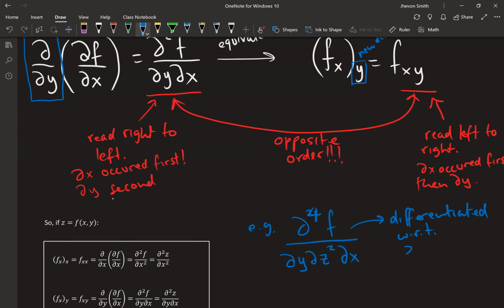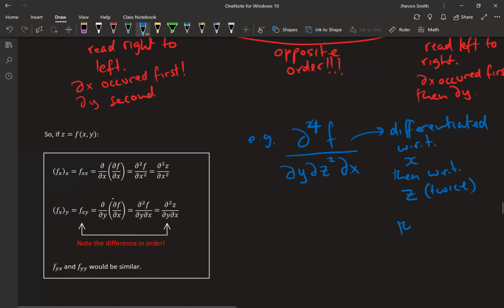X. Then with respect to Z, two times. Z, and you did it twice. And then with respect to Y. So by reading that notation, you should know this is how they envisioned it. They did the derivative with respect to X first, then with respect to Z twice, and then with respect to Y.